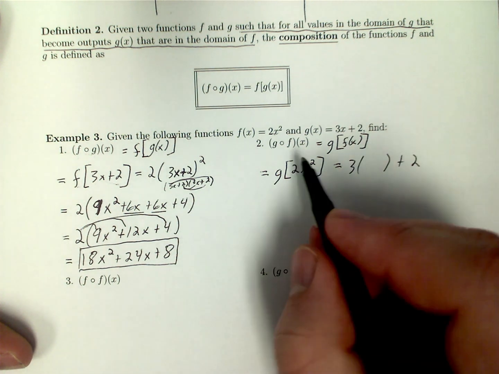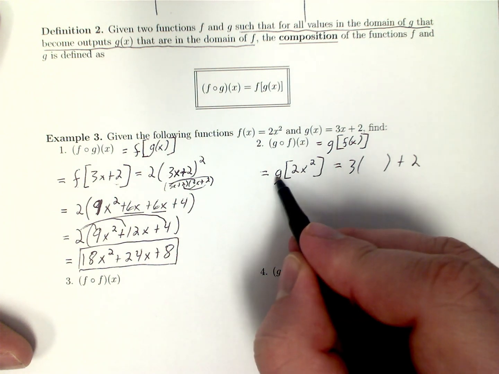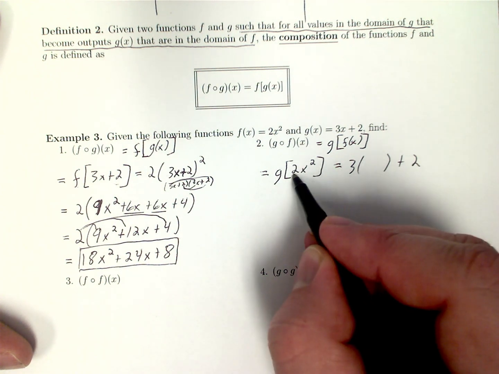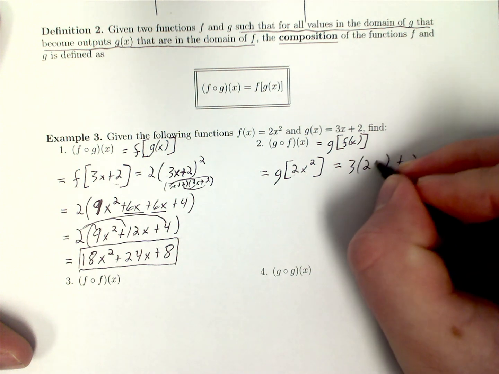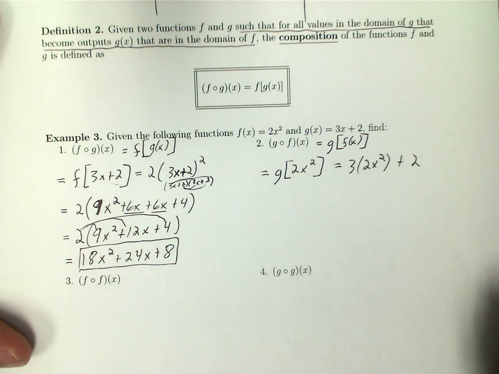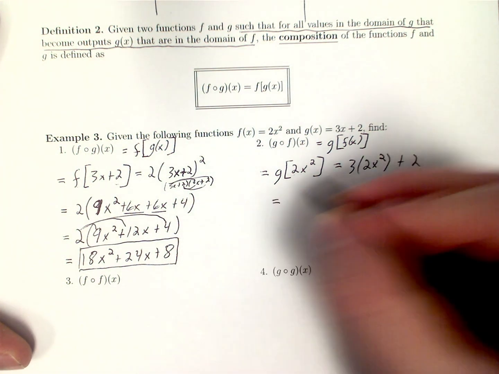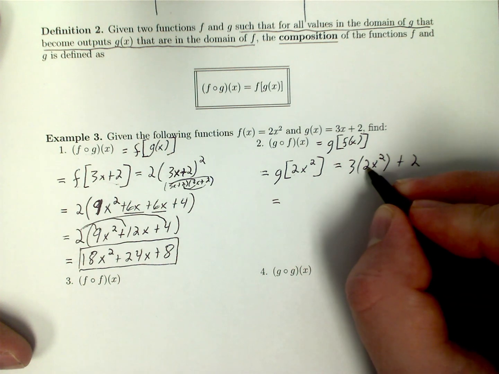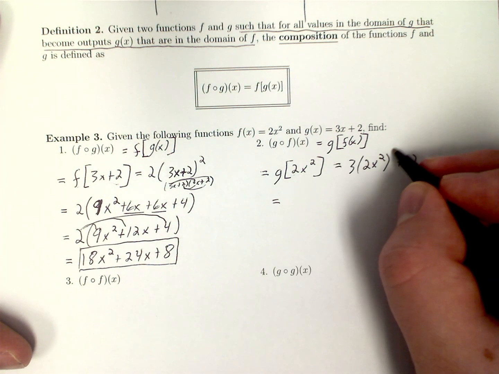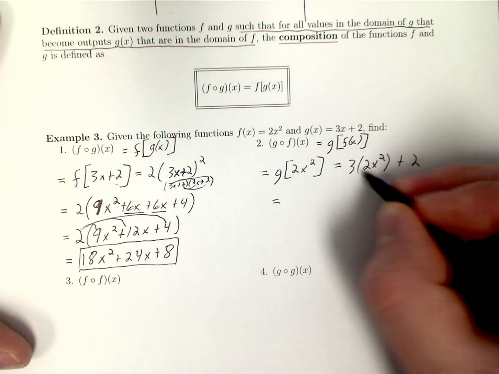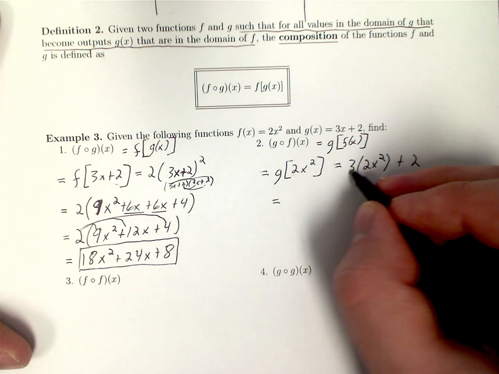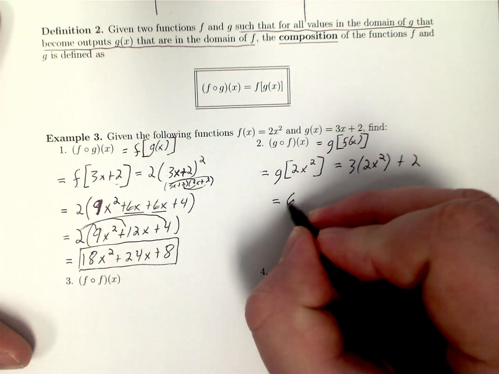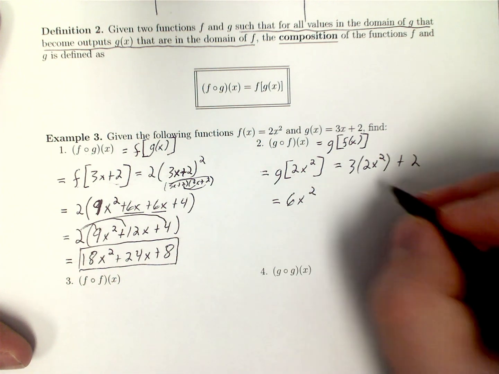And we're just plugging in, so what's inside the parentheses is what we plug in, so we're just plugging in 2x squared here. And what we get here, 3 times 2x squared, again there's no exponent outside the parentheses, so we just multiply straight away by 3 and we get 6x squared plus 2.